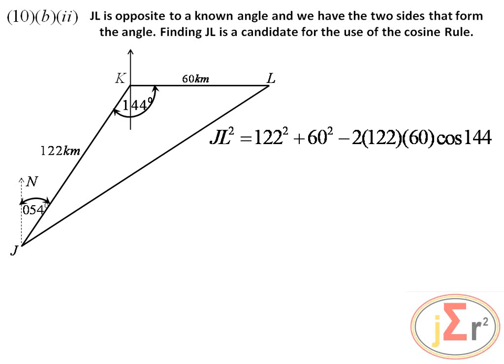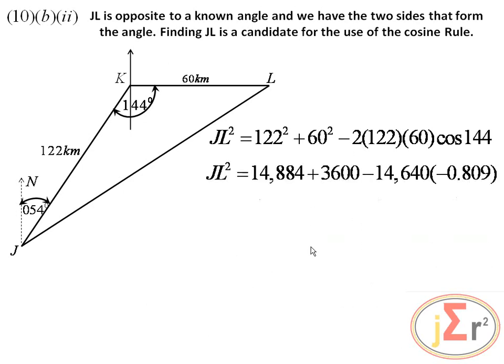In this series from 8 to 12 in Richard James Mathematics Resources, we will take closer and closer looks at the application of the cosine rule. So we have JL squared is equal to the square of one side plus the square of the other side minus 2 times one side times the other side multiplied by cosine of the angle that the two sides form.